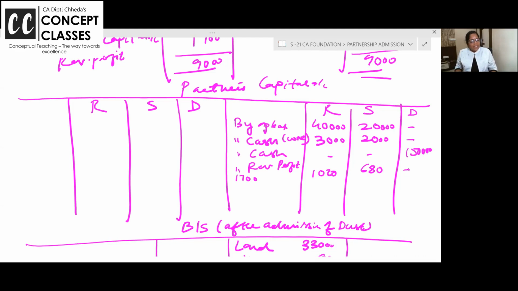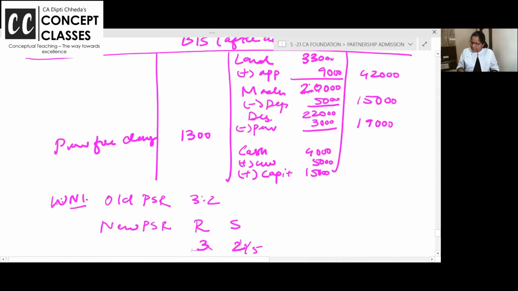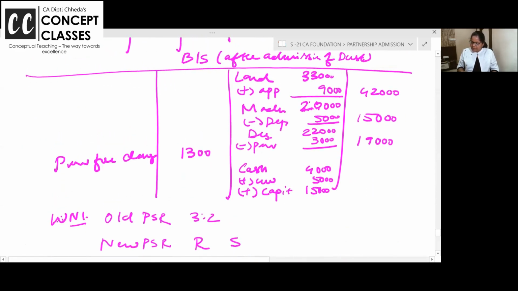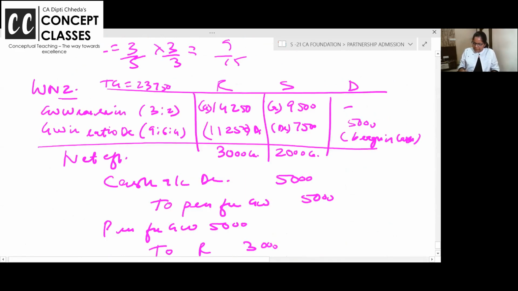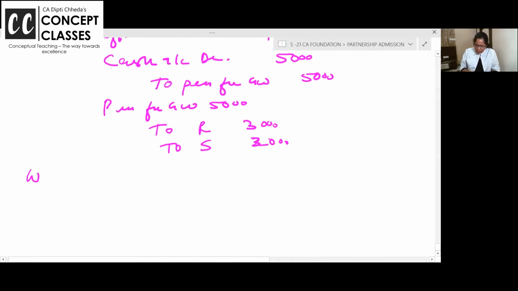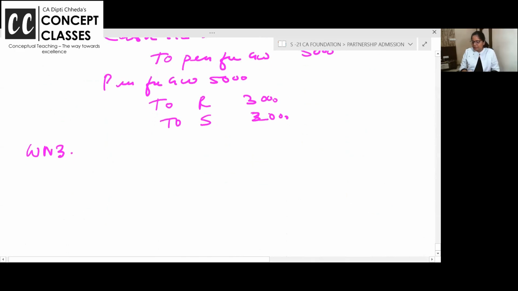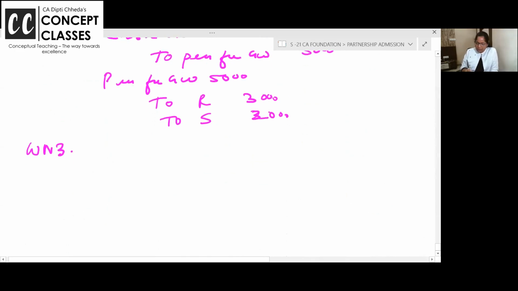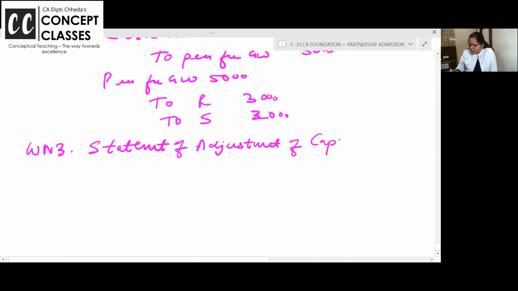And now last, adjust the closing capital taking total capital as base. Taking total capital as base. So over to working note 3. Start with me. Statement of adjustment of capital accounts.